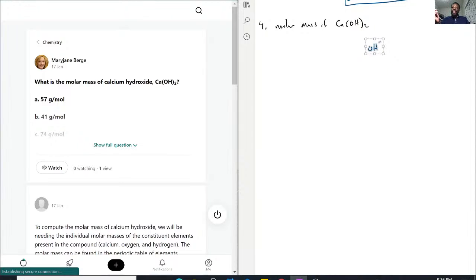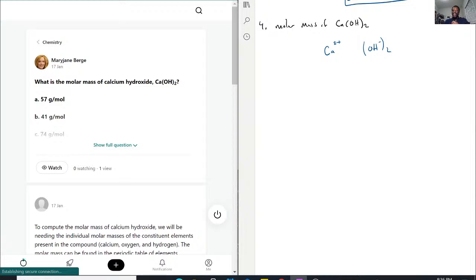But as you know, calcium is on the second column. So because of that, calcium has 2+, because it has to get rid of 2 electrons. So in order for these cations and anions to actually balance, we need 2 hydroxides, which is how we get Ca(OH)2.